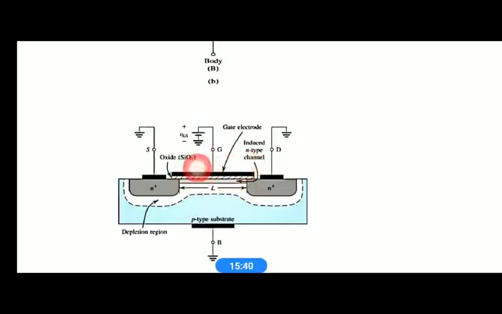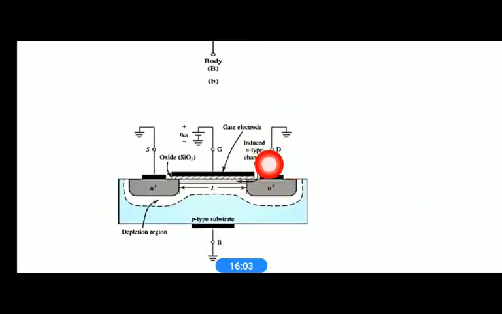In between we have SiO2 oxide, which acts as a dielectric, and this forms a capacitance which we call the gate to source capacitance.